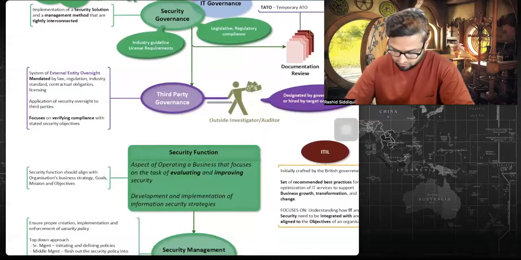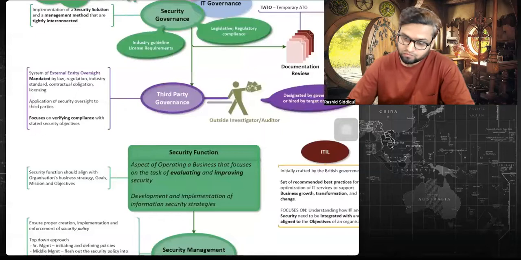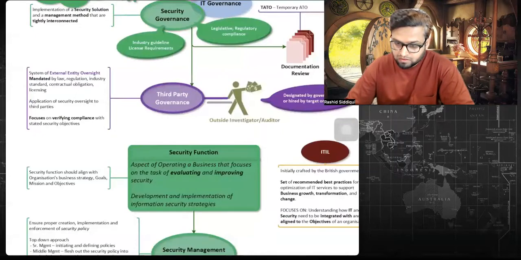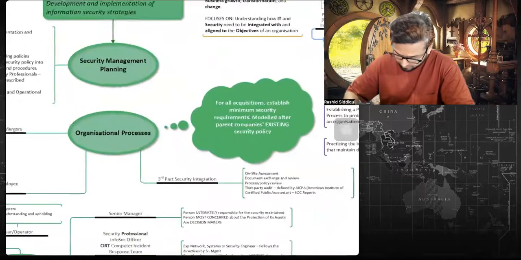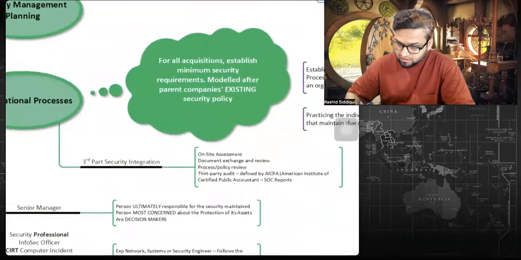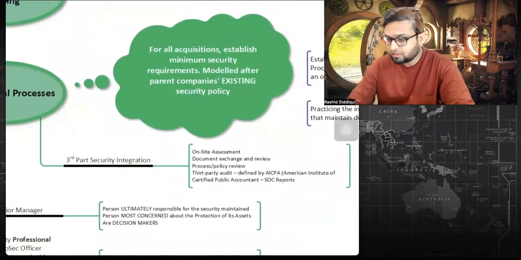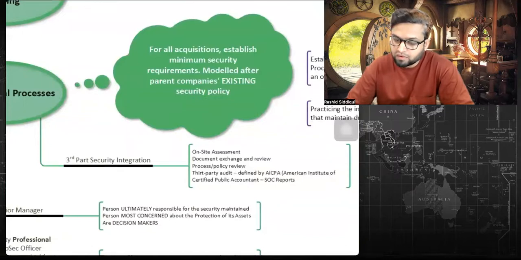There we discussed how we can manage it and what points we have to consider when we do third-party governance. Similarly, third-party security integration is, I think, one of the subsets of third-party governance efforts which we take.